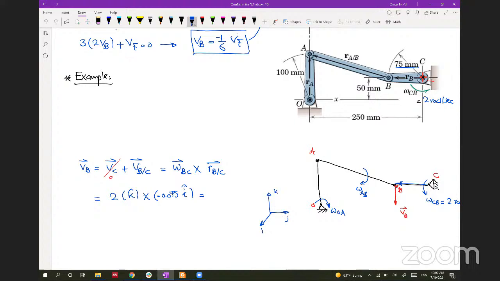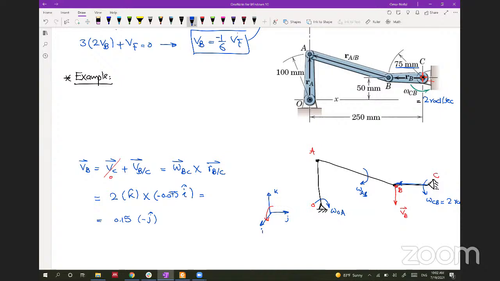If you multiply k by i, it will give you positive j hat, but we have negative outside here. So it should give you 0.15 in the negative j hat direction, because k by i is positive j and we have a negative.